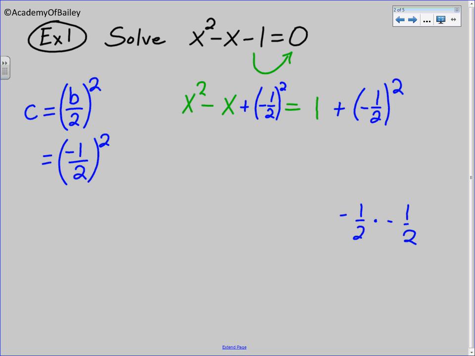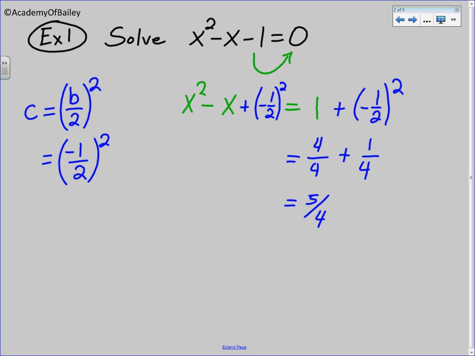Negative times negative is a positive. Multiply top numbers, multiply bottom numbers. Positive 1/4. Now, if we want to add 1 to it, we need common denominators. Common denominator should be 4/4. So add those together, we get 5/4.